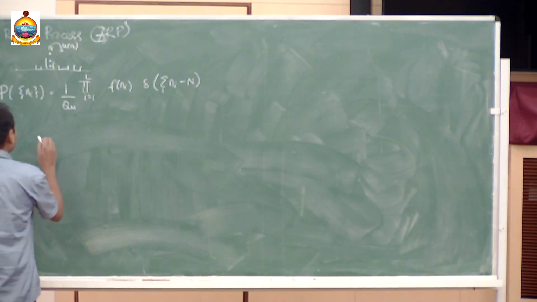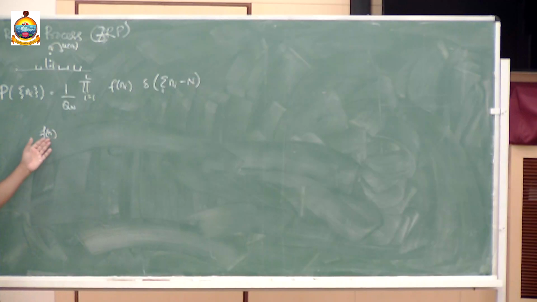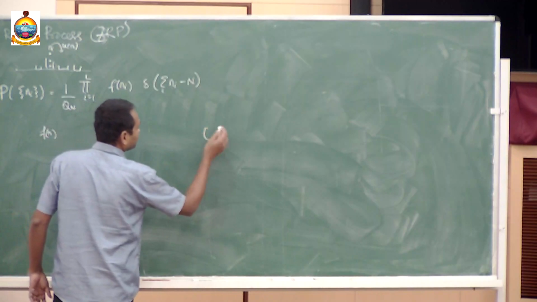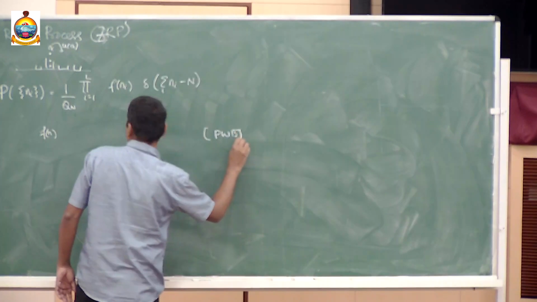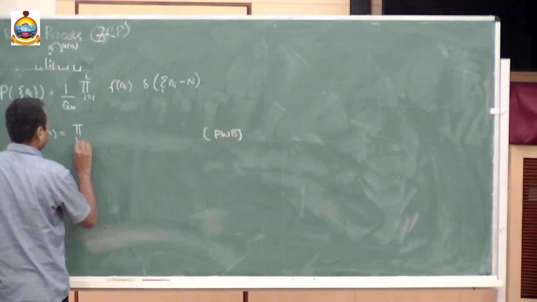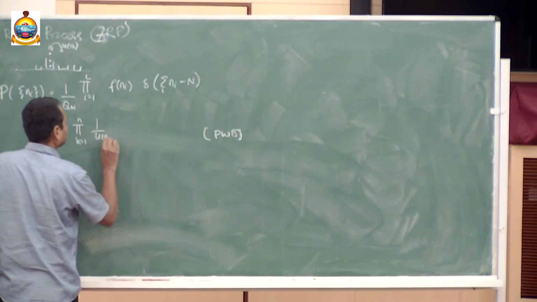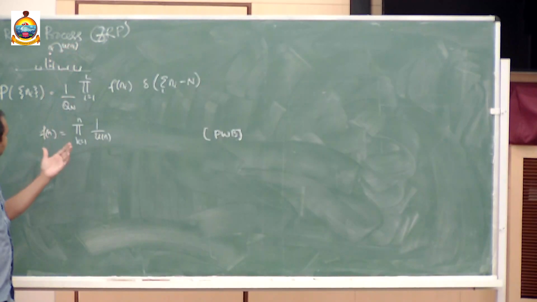We also find that fn is a function, and this is where we employ pairwise balance. Using pairwise balance, we find that fn is the product over k equal to 1 to n of 1 by uk. So basically the problem has these rate parameters, and we know the solution for any un.